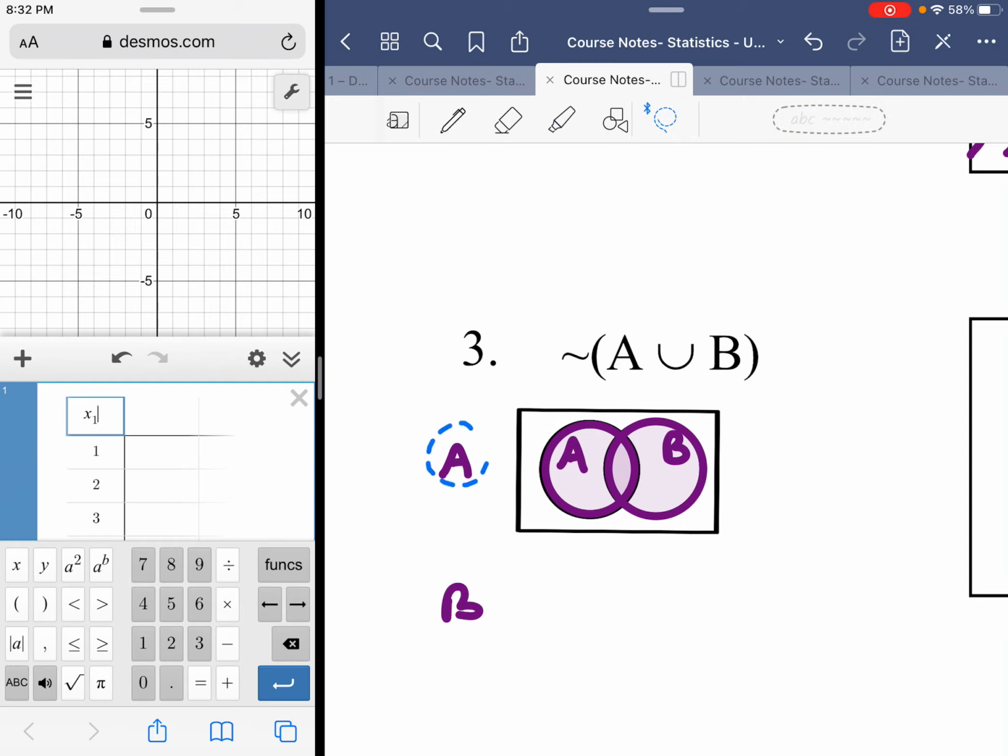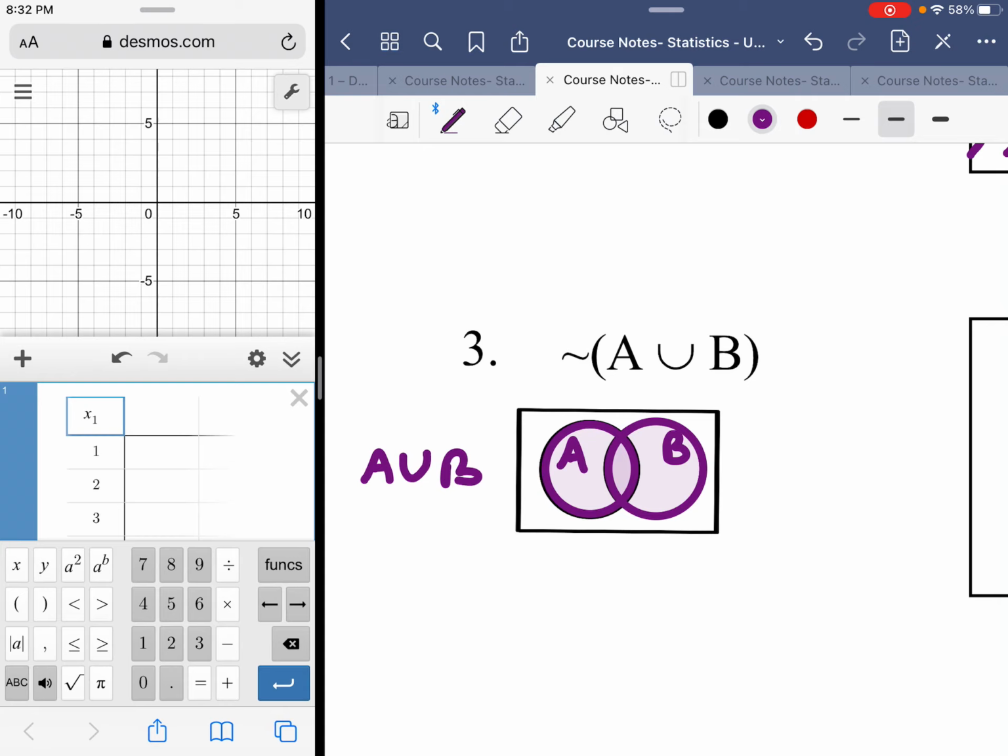All right, and again, the union is the marriage of the two sets. A and B, married, happily ever after. A and B, they've got the cans tied to the back of the car, and they're driving away.